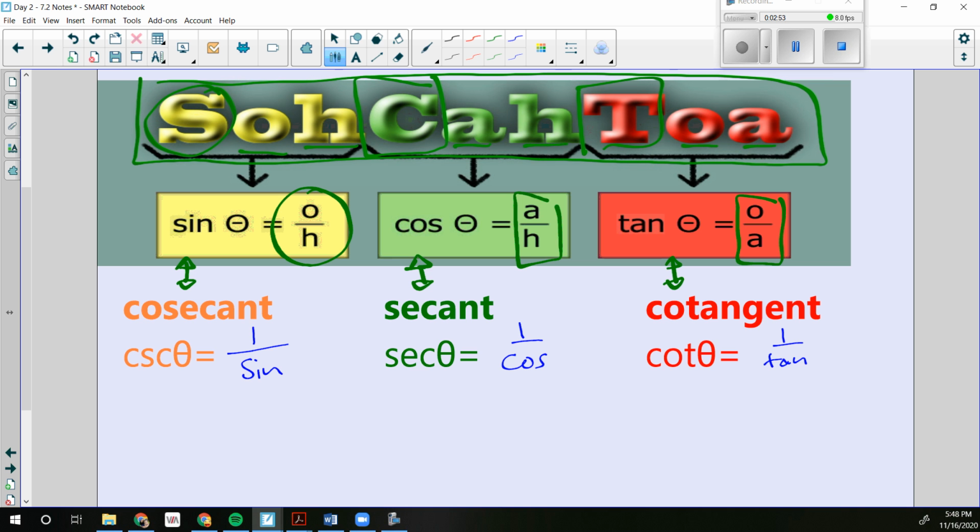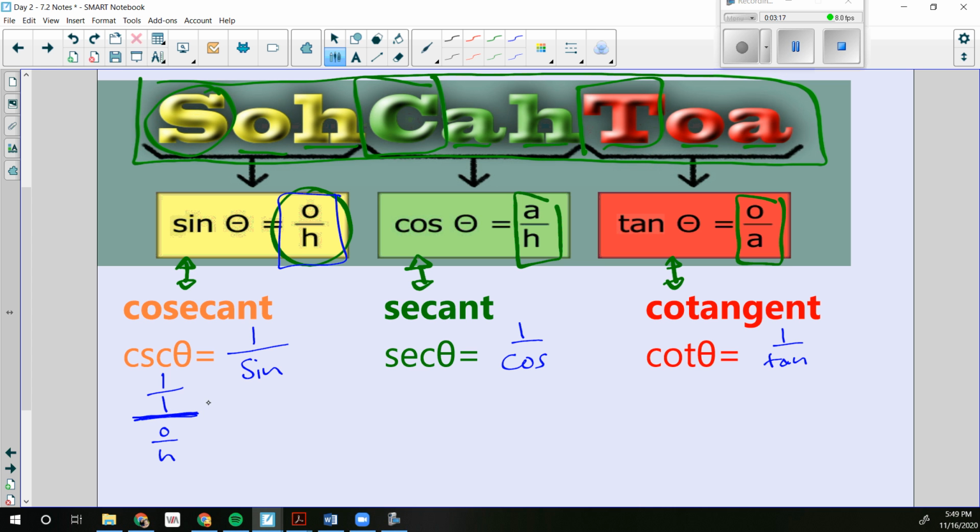All right, now I want to work out a little bit of math here, because if we think of 1 over sine, and sine is opposite over hypotenuse, this would be 1 over opposite over hypotenuse. And if we flip and multiply this, since this is a fraction being divided by a fraction, if I think of 1 as 1 over 1, then here's my big fraction bar.